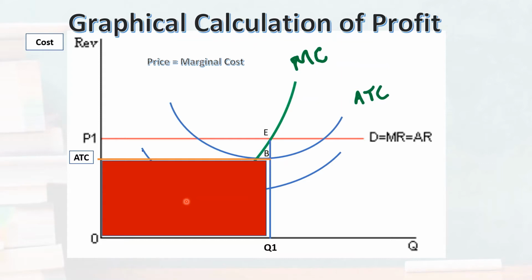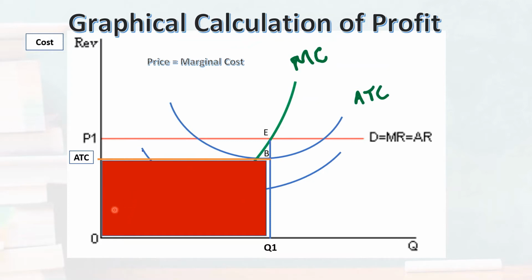Now you can define graphically the total revenue and the total cost. So it is quite easy to determine the profit which the firm is earning by selling Q1 level of output. It is just the difference of the area between total revenue and total cost. So this is total revenue, right? And out of this total revenue, this total cost, this red area, is going to be subtracted.